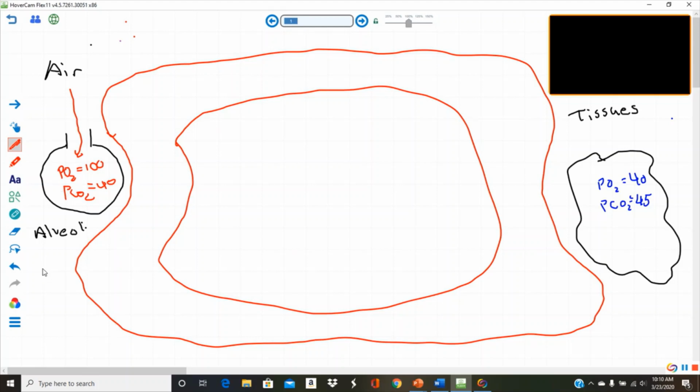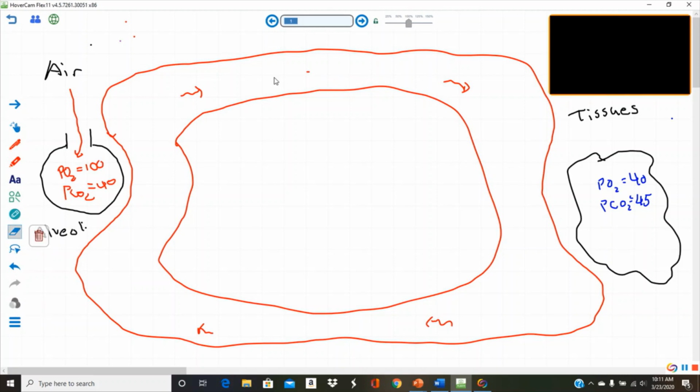Well, what I'm going to do is take my red arrow here and draw directions of blood flow. Now, this means for us, we're going to deal with systemic vessels on this drawing.